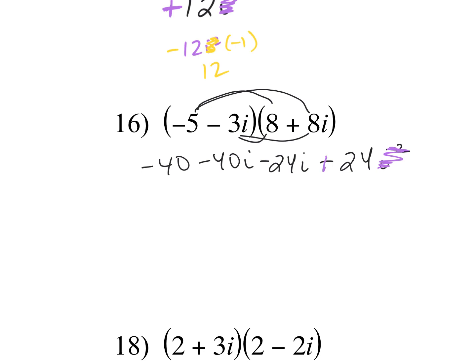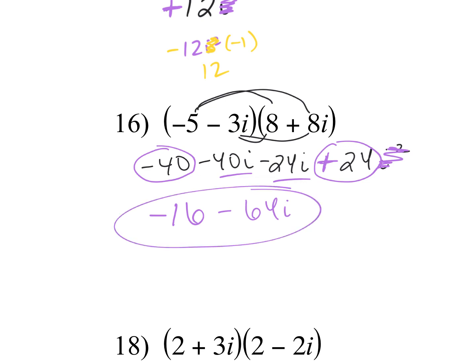Cross that off, make that a plus. So now combine real with real. Negative 40 plus 24 is negative 16. And then a 40i and a negative 40i, negative 24i. Negative 64i. Got to be really, really careful with our signs.